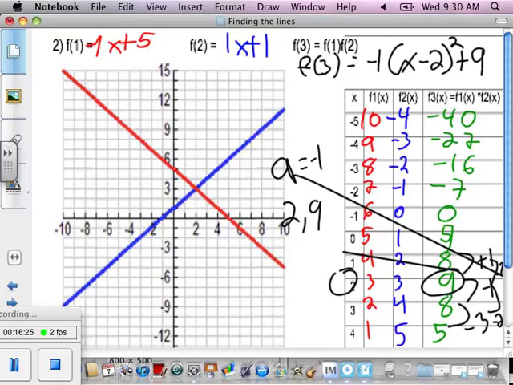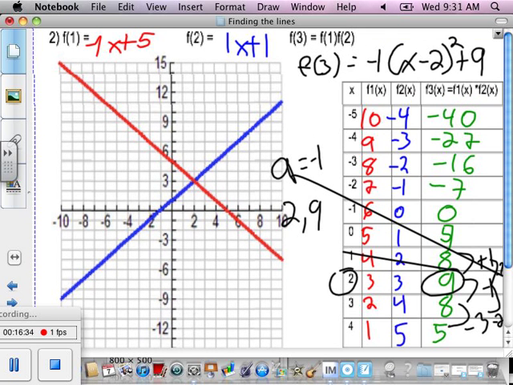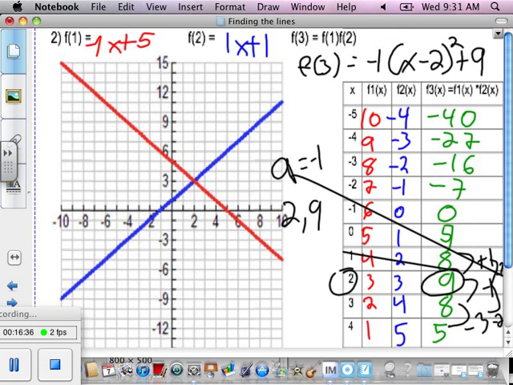So now we plot these points. We don't have 40 on it, so let's not start with 40. Let's start with one that we have on here. How about negative 2? Negative 2, I go down to negative 7.